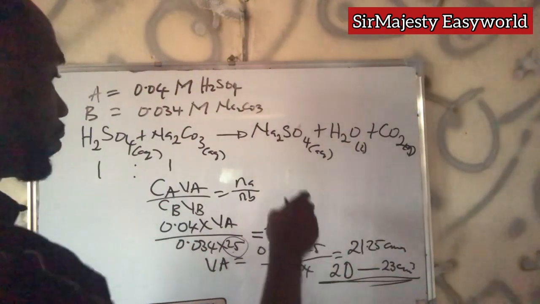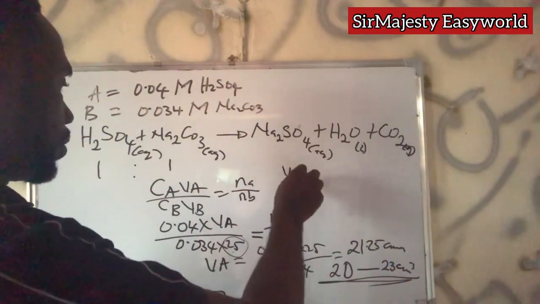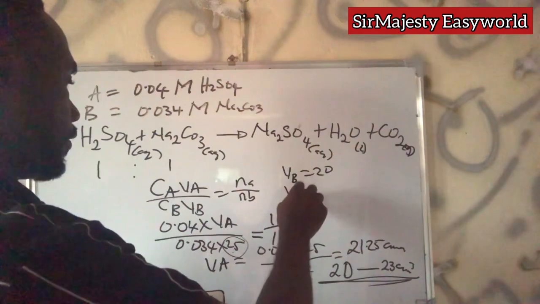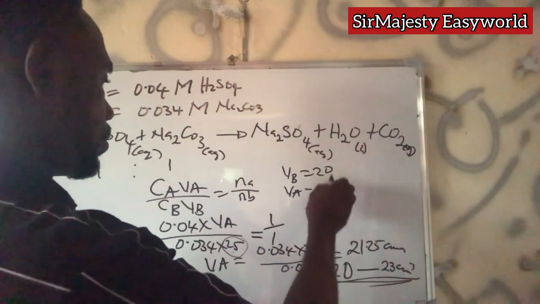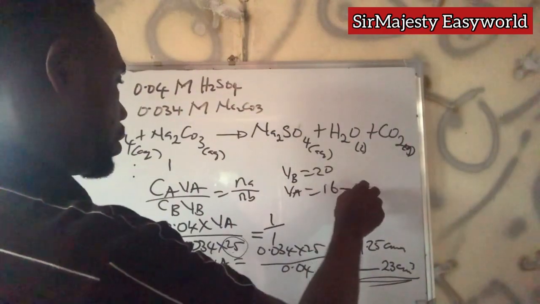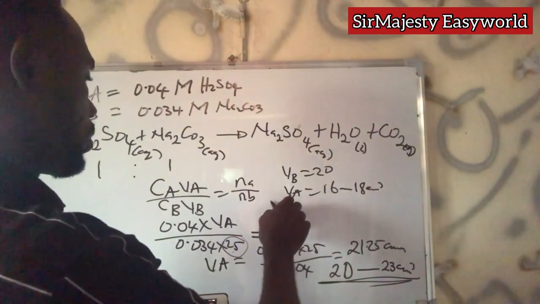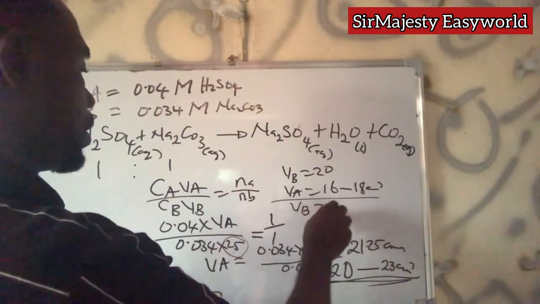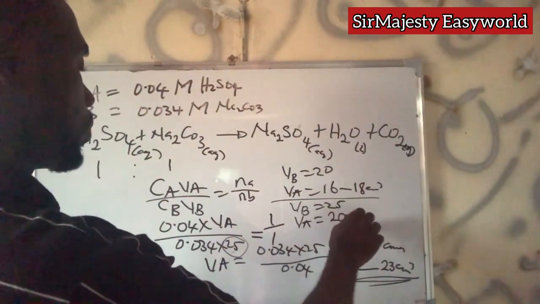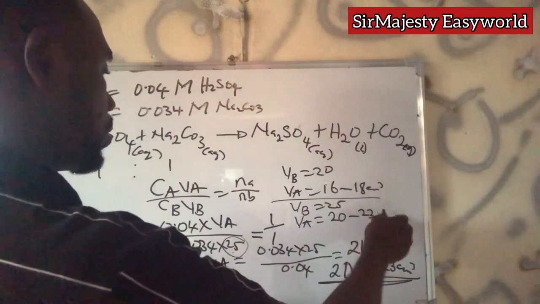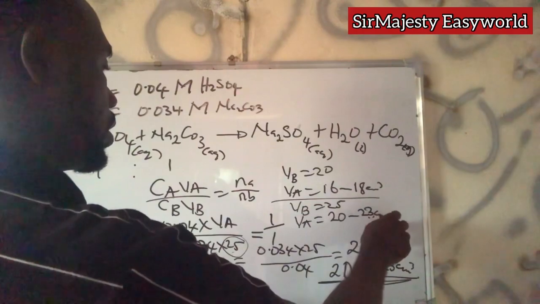So if VB is equal to 20, then VA will be 17, which means you can take from 16 to 18 cm cube. Anything within this range is correct. But when VB is 25, your endpoints, that's your average titre, you can start from 20 to 23 cm cube, or possibly 23 is allowed.